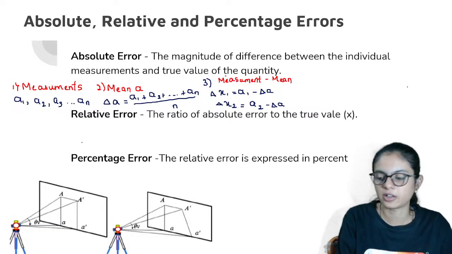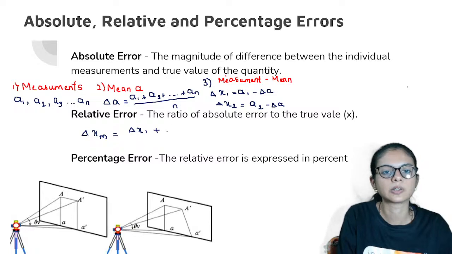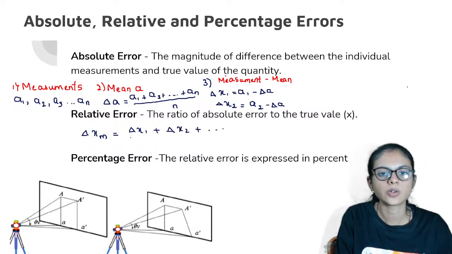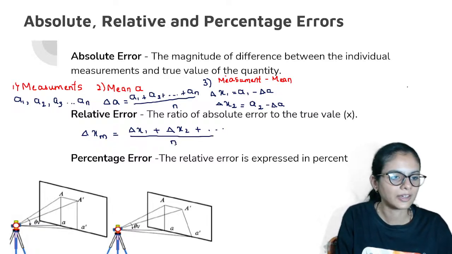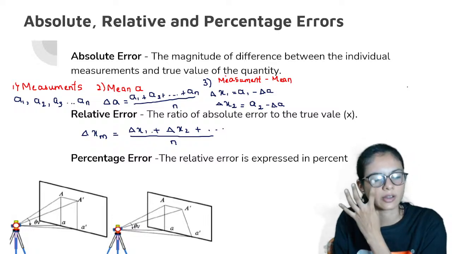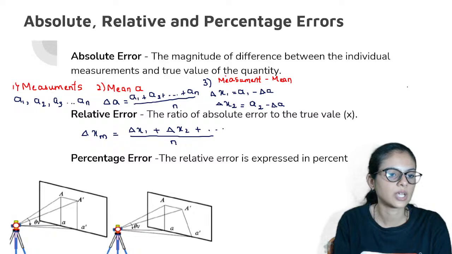In the relative error, we will calculate the mean. Okay, x mean is equal to x1 and so on divided by n. So this is the way to calculate the relative error. Ratio of absolute error to the true value of x.